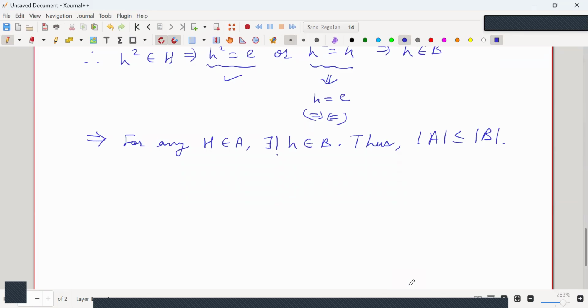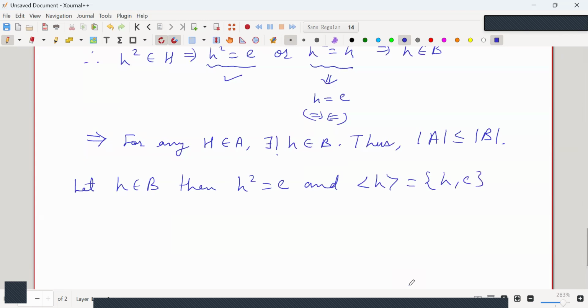What about the other thing? Let h be inside B, then h square equal to identity, and the subgroup generated by h, that is just h and identity, is inside your A because it's a subgroup of order 2.